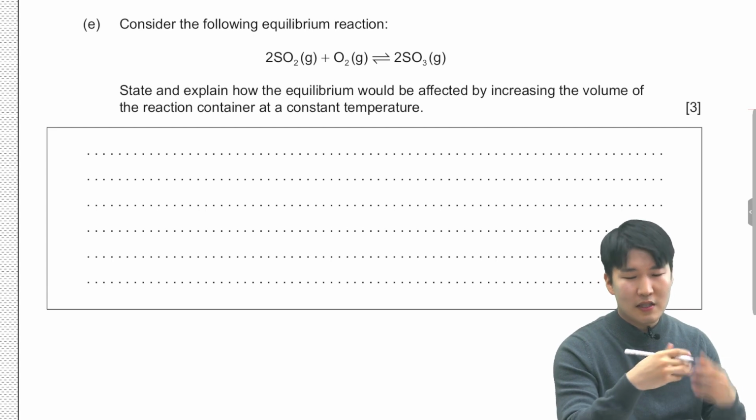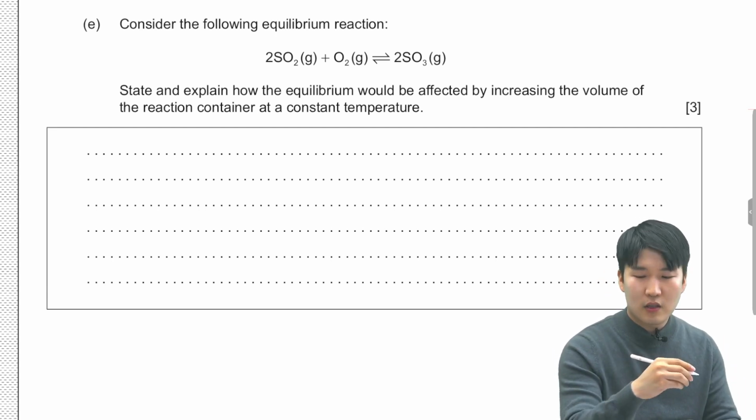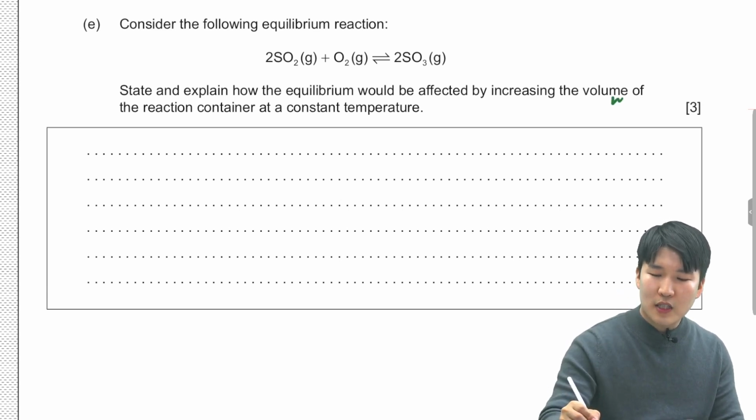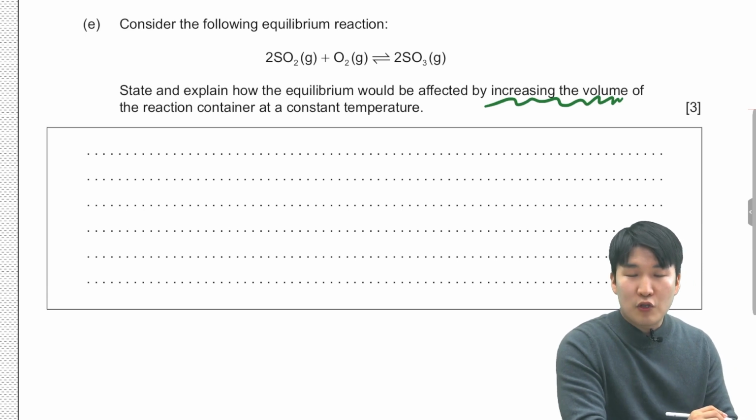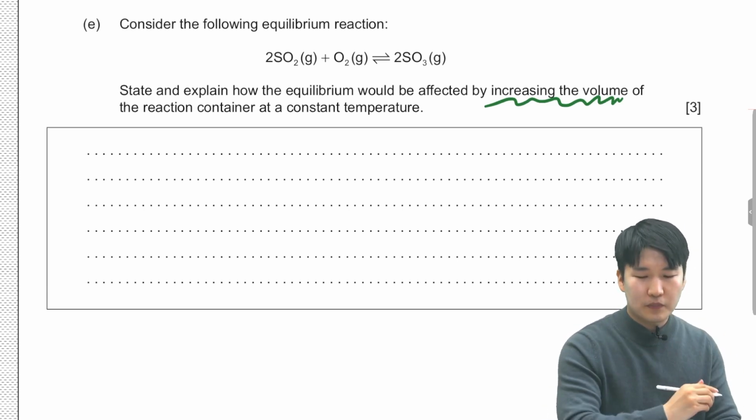Position of equilibrium is affected by multiple factors, which includes pressure, which is exactly what we're looking at in our question, where the stimulus of increasing the volume directly leads to a decrease in pressure.